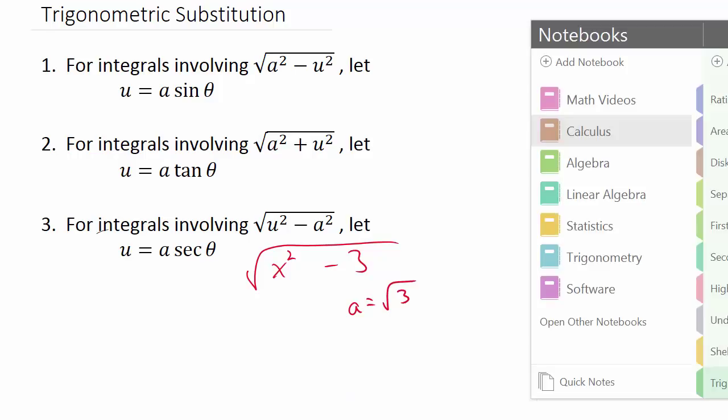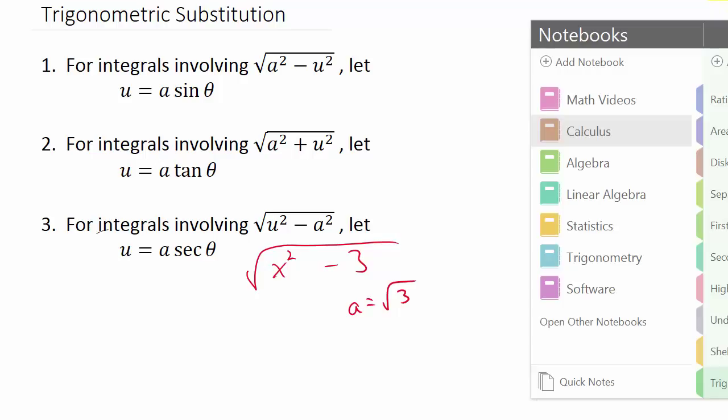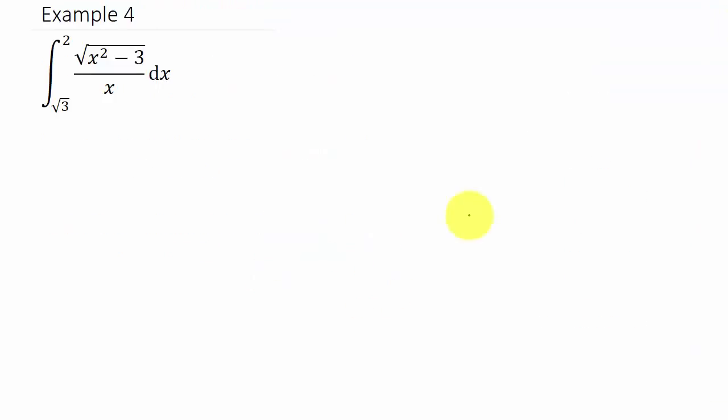So let's go back, and you see we'll let u, or in this case x, equal a secant theta. So we're going to let x equal a, and in this case a is square root of 3, because the 3 here is a squared, times secant theta.